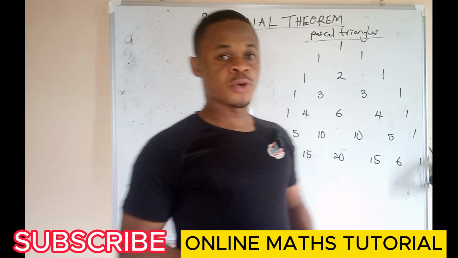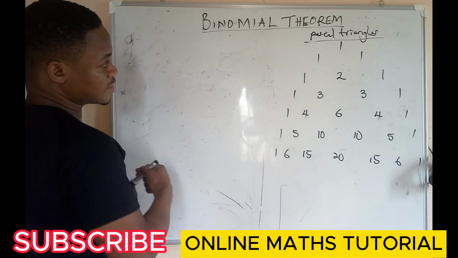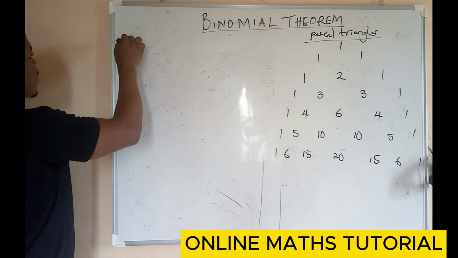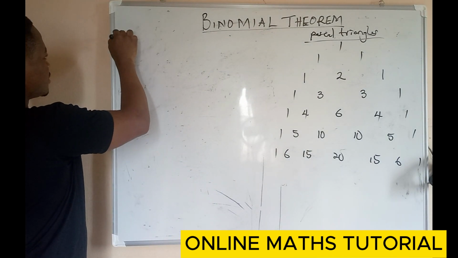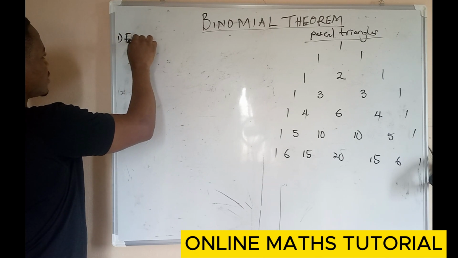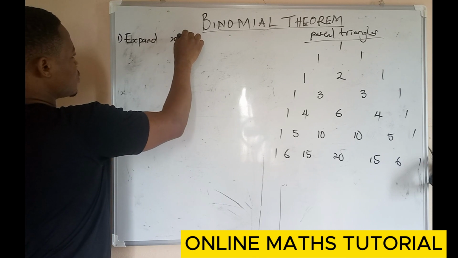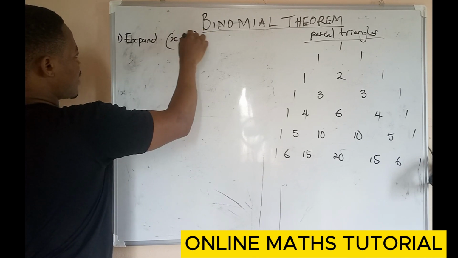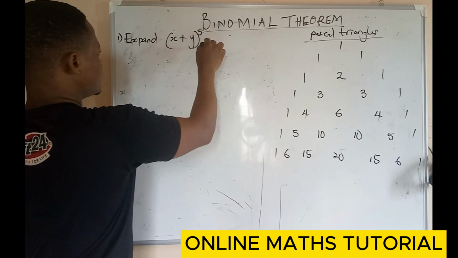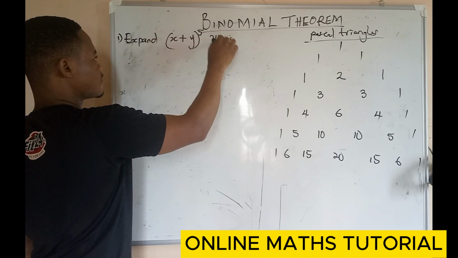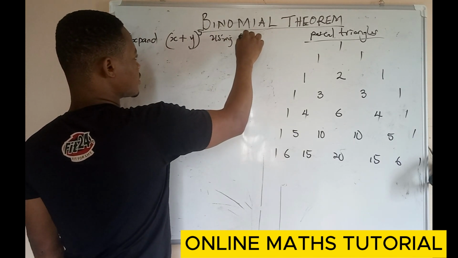So let's solve this problem, which is: expand x plus y all raised to the power 5 using Pascal's triangle.